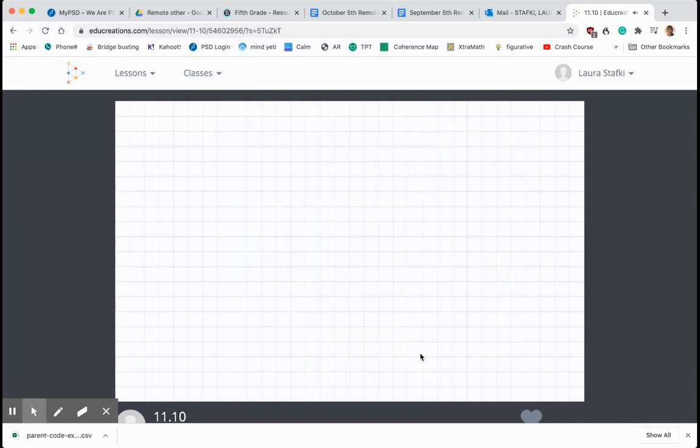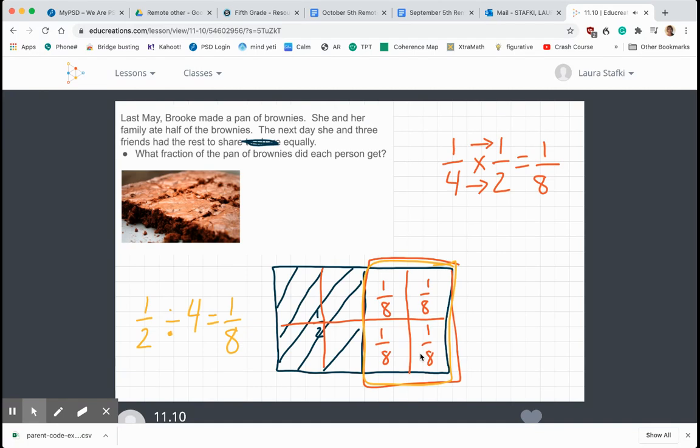All right, let's try the trick on this one. I've got 1/2 divided by 4. Okay, see if you can do this one by yourself. I'm going to go ahead and pause the video.